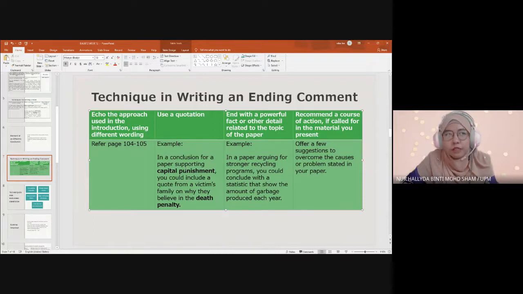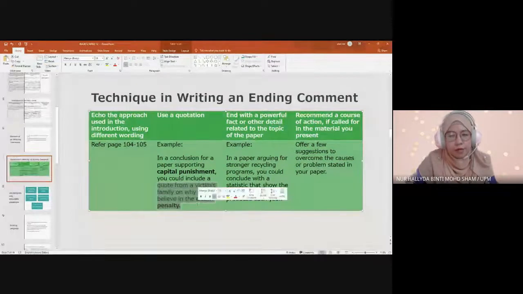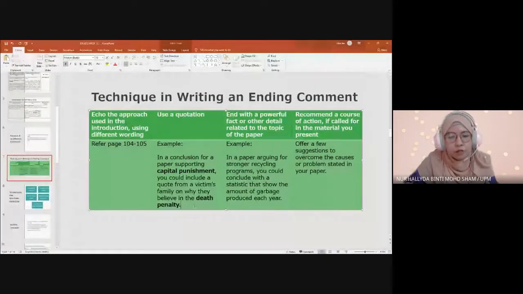So let's say in your paper you side with capital punishment. You feel like we should practice capital punishment to reduce crimes, and in your conclusion you put a quote from the victim's family and why they believe in the death penalty. You quote what the parents of the dead victim said, to be more dramatic.